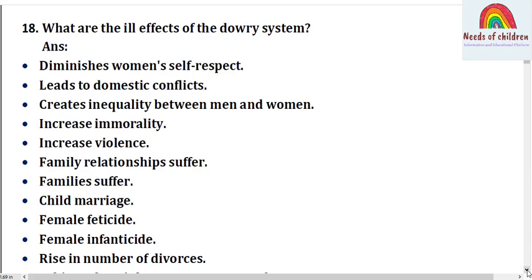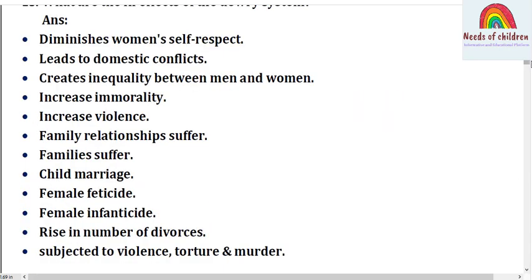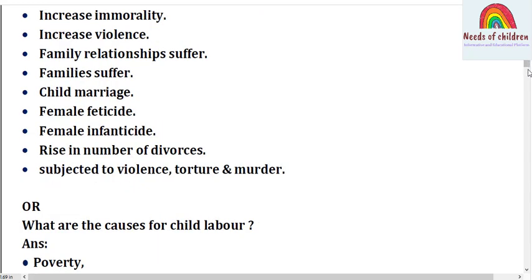The answer for this: diminishes women's self-respect, leads to domestic conflicts, creates inequality between men and women, increases immorality, increases violence, family relationships suffer, child marriage, female foeticide, female infanticide, a rise in the number of divorces, subjected to violence, torture and murder. Okay, these are the ill effects of the dowry system.